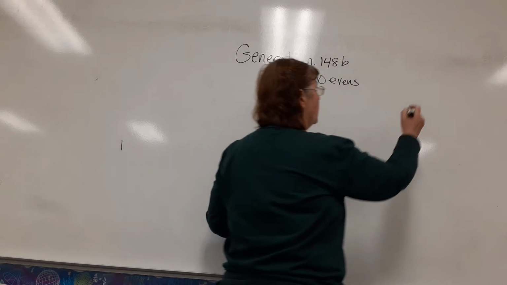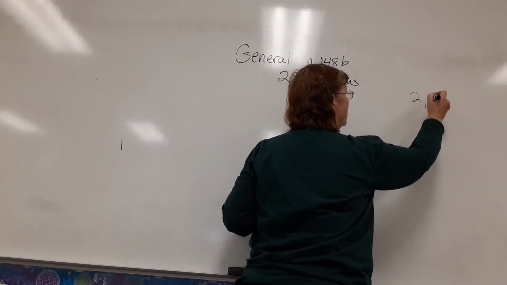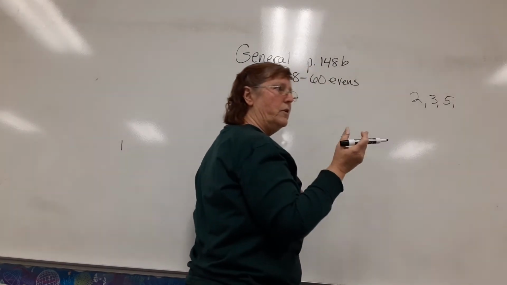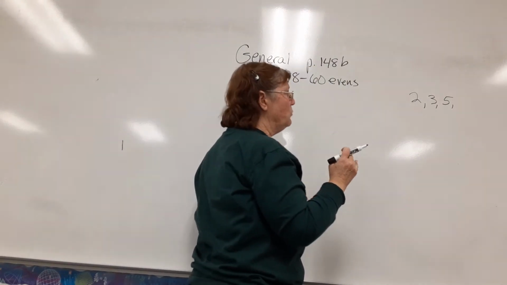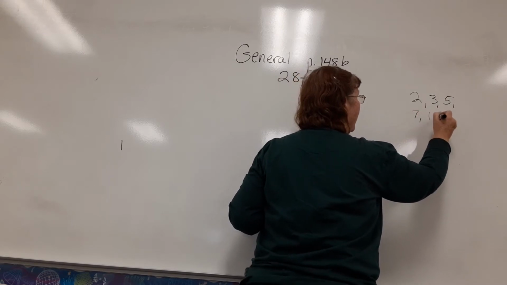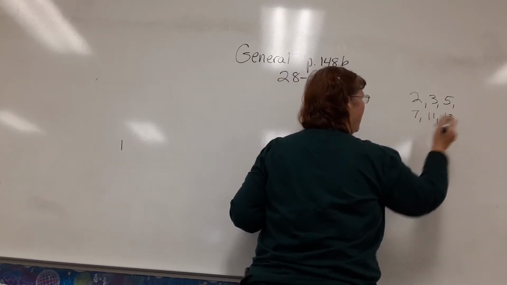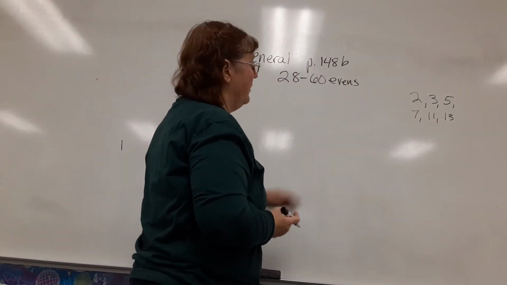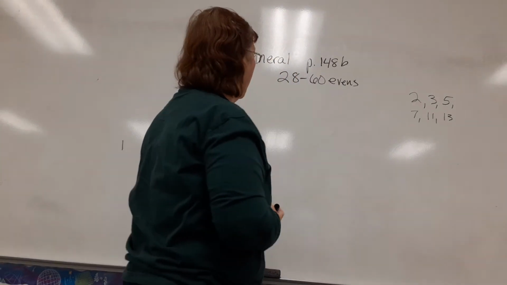So the prime numbers are 2, 3, 5. Remember, nothing else goes into them except 1 and themselves. 5, 7, 11, 13. That should be high enough for our purposes today. Okay? There are many more higher ones.